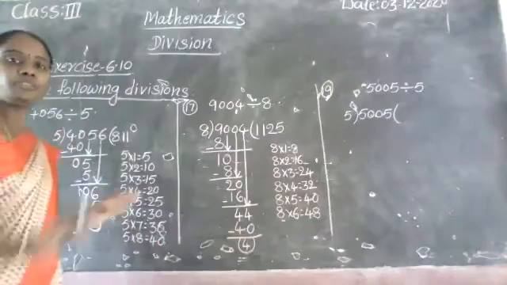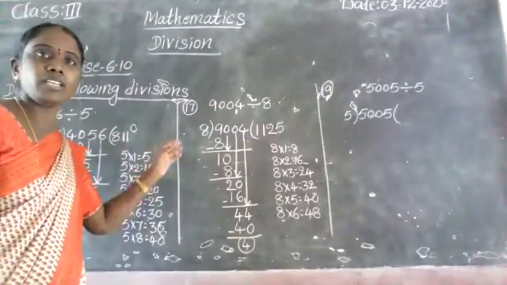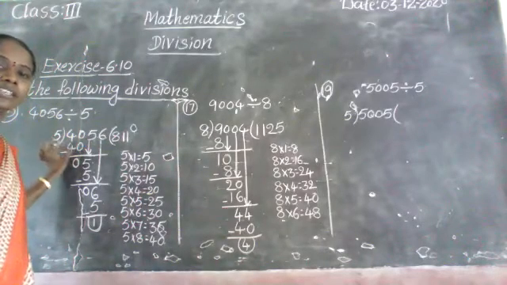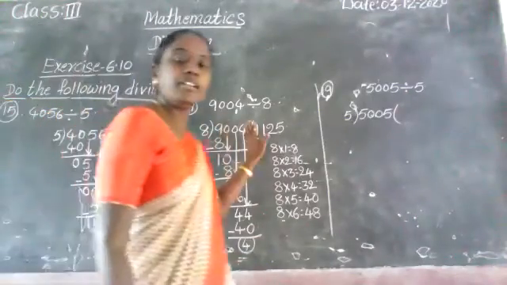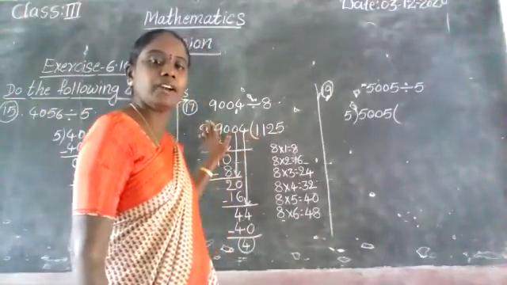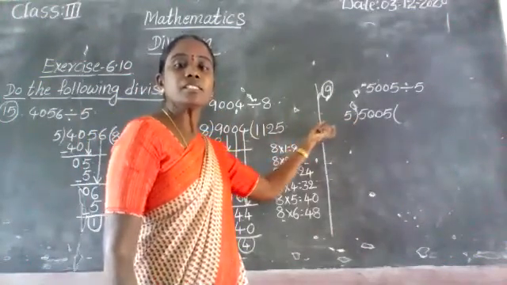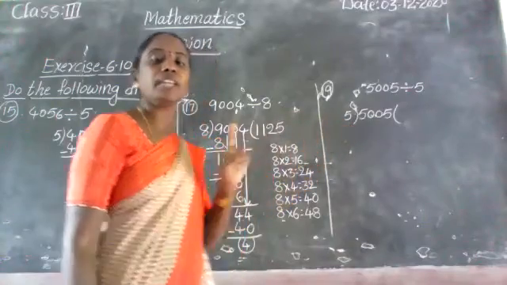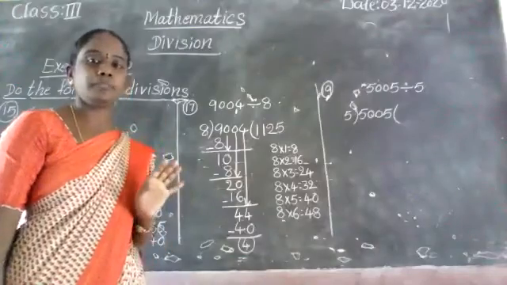Don't forget this, children. Yesterday also I said it, once again I am saying. When the dividend's first number is smaller than the divisor, we take a 2-digit number, and when it is greater than or equal to the divisor, we take a 1-digit number. Don't forget this point.